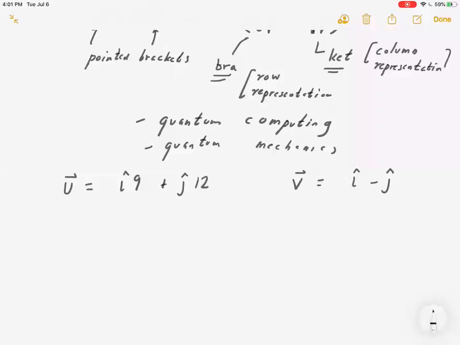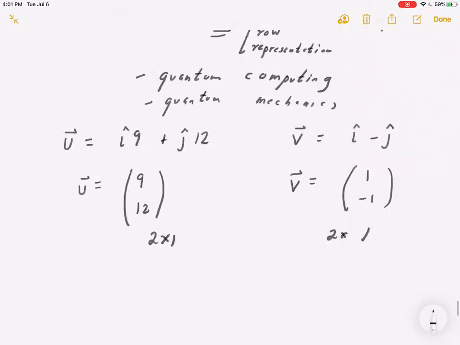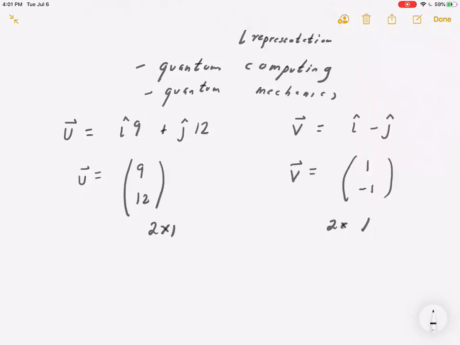I can write these vectors as matrices, and in column representation, they are respectively this and this. This is a 2x1 matrix, and this is a 2x1 matrix. So the question I want to ask is, what is the inner product of u with v?